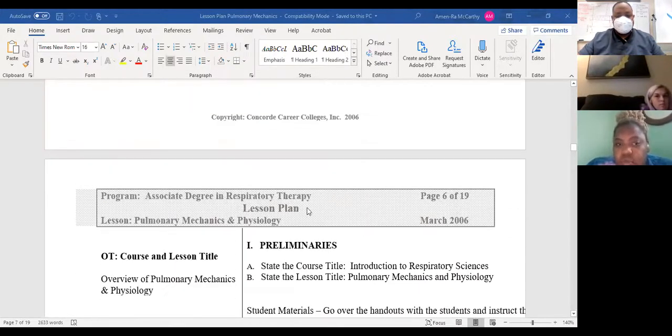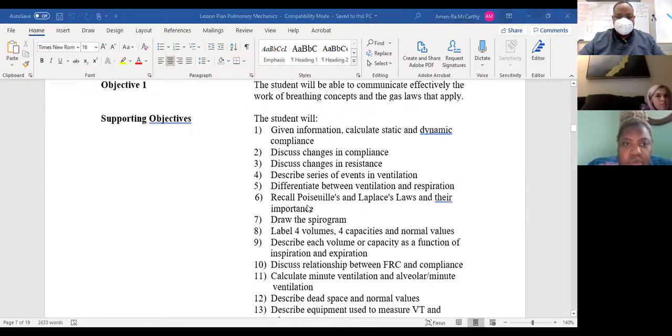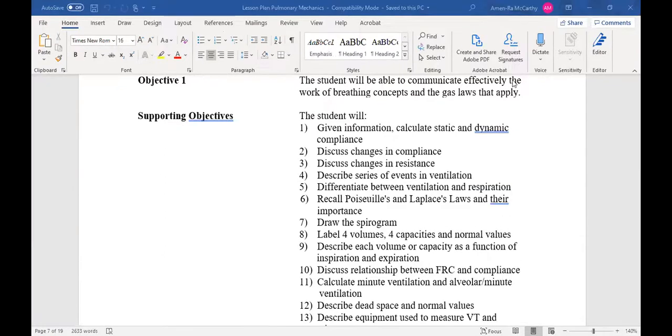Some of the objectives quickly. You will be able to calculate static and dynamic compliance, because there are different types of compliance. We have static compliance and dynamic compliance. You're going to be able to discuss the changes in compliance, right?